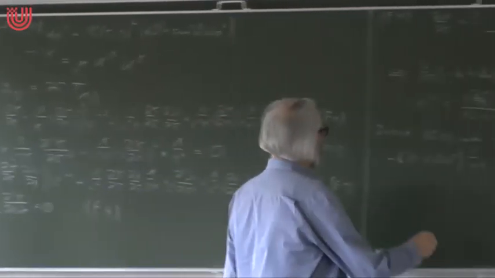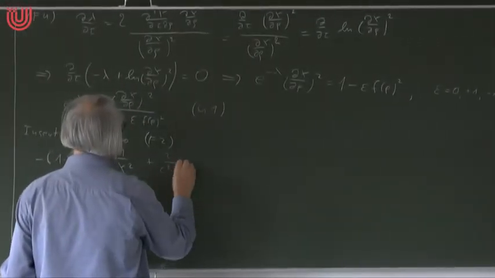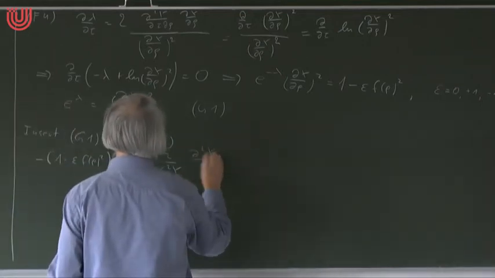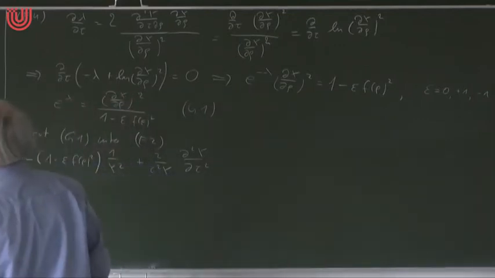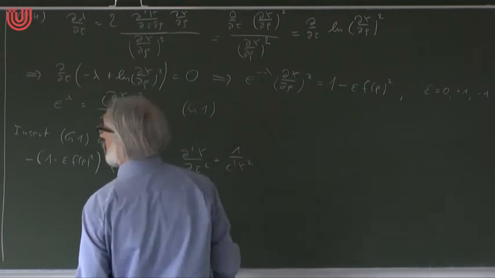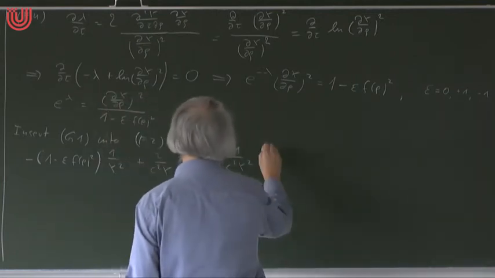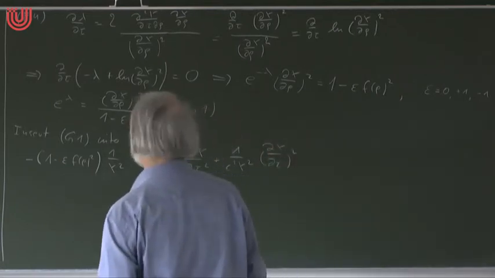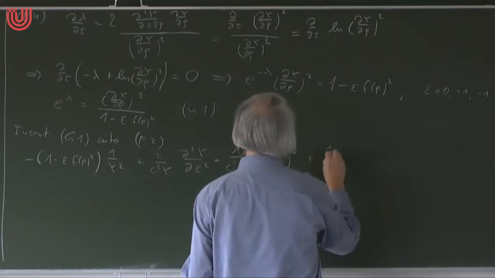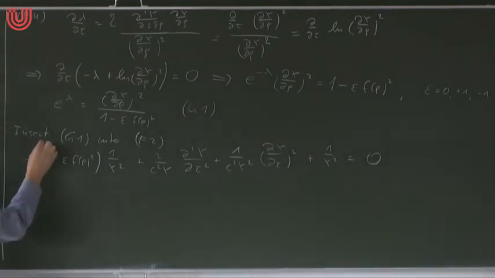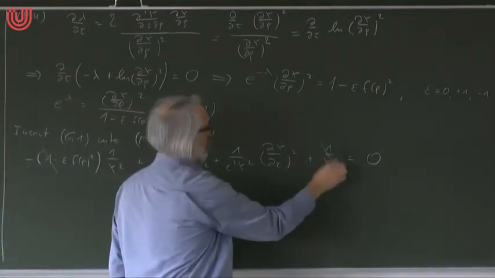And the other terms I just copy: 2 over c squared y, second derivative with respect to tau, 1 over c squared, dy by d tau squared. And the last term is plus 1 over y squared. And very conveniently, this term cancels against this here.